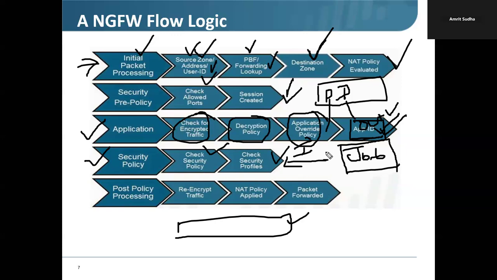If your organization has a policy that a particular team cannot access job portals, then whatever data is coming on the firewall ingress interface, that is the outside interface, it will check that category.